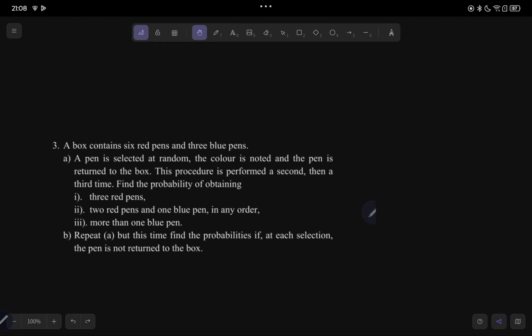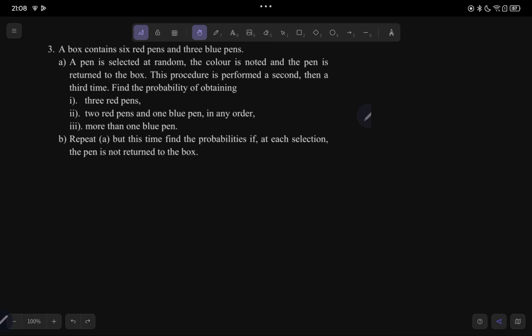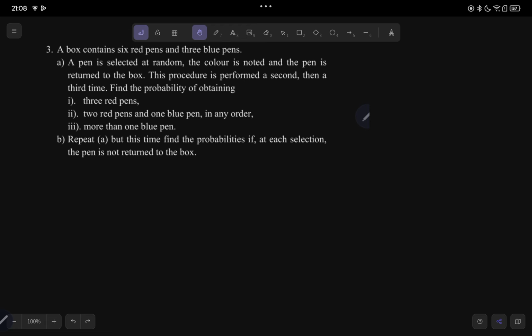We now got question number 3. Question number 3 says a box contains 6 red pens and 3 blue pens.